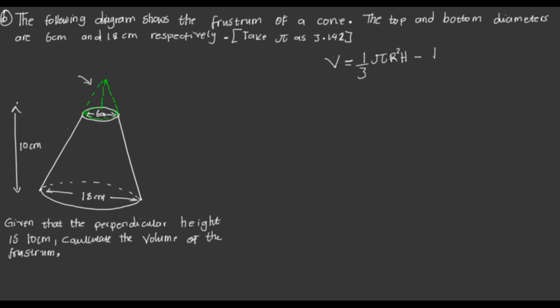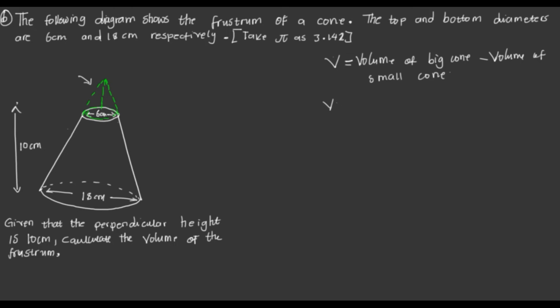So minus 1 over 3, or let's just say volume of the cone. So we just say volume of the frustum is equal to volume of big cone minus volume of small cone. So this is where the concept is coming from.